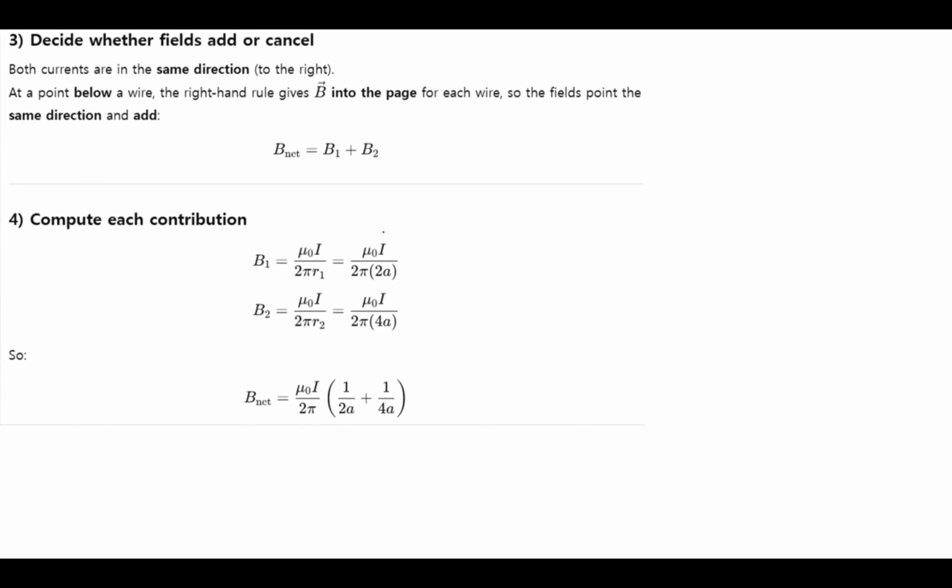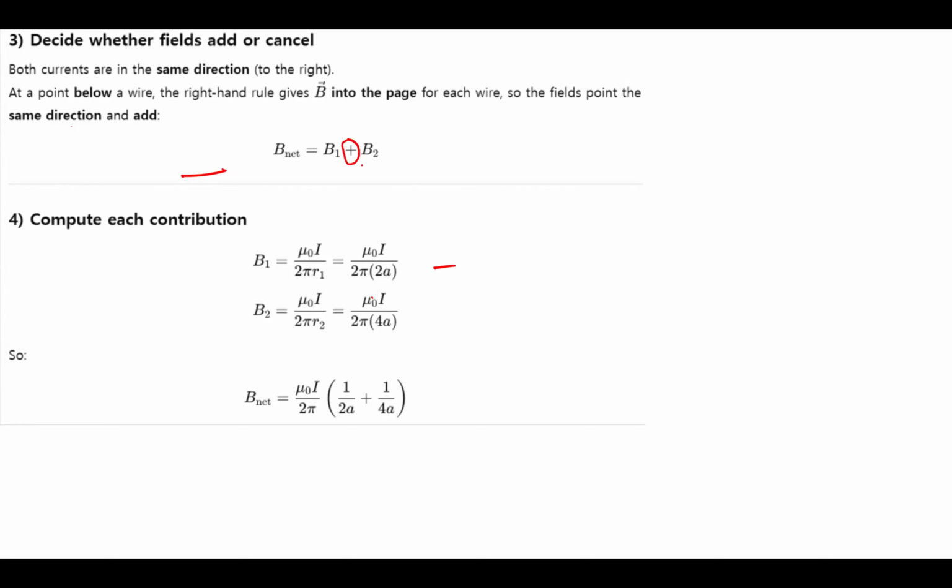As we have seen, B1 and B2 are in the same direction, and therefore they should be added together.